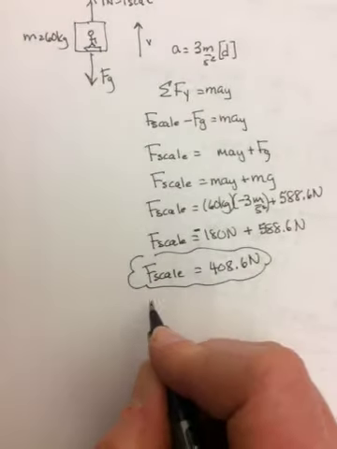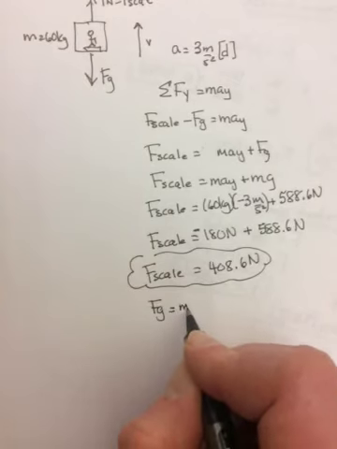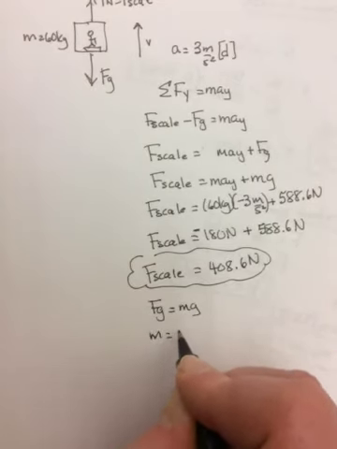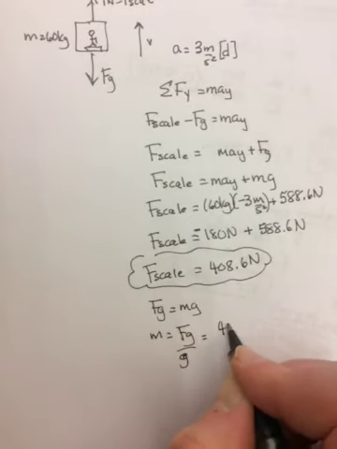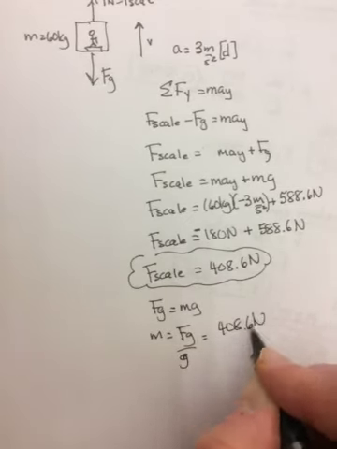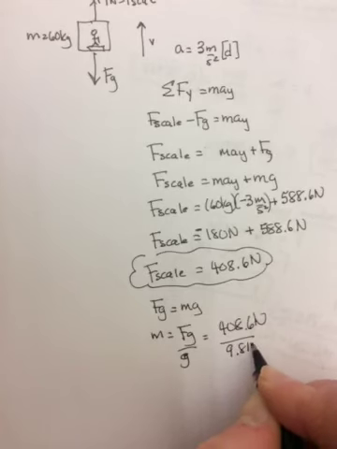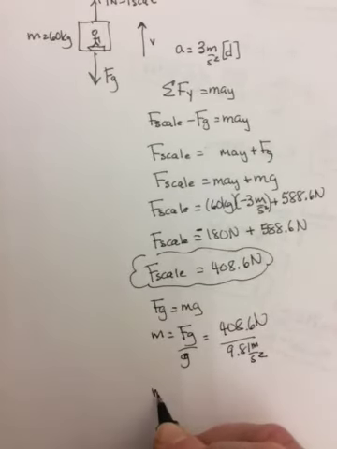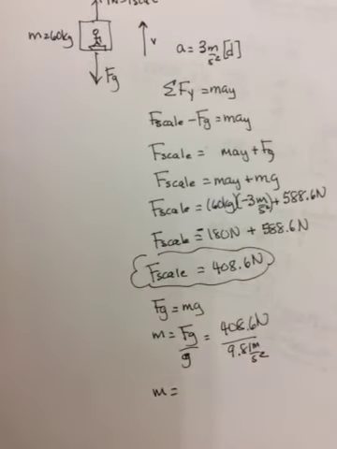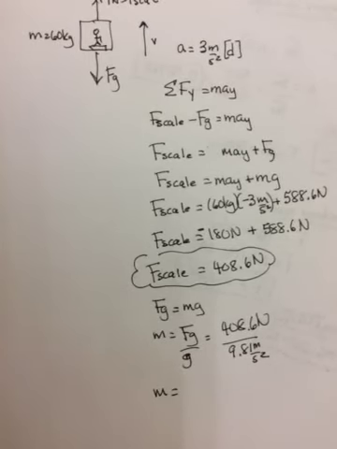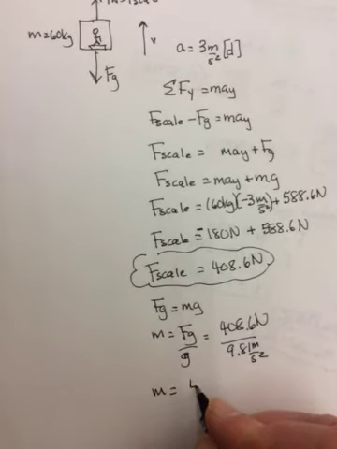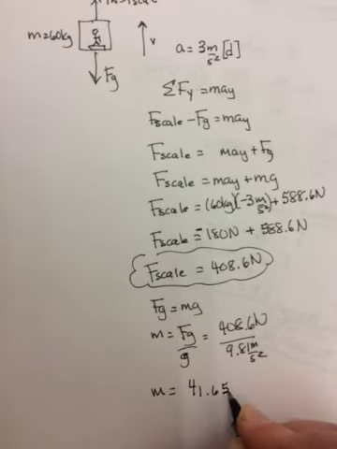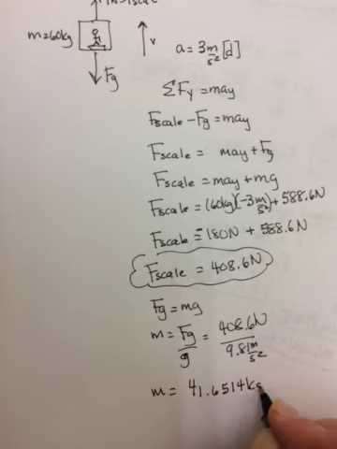And again, I can find my apparent mass by dividing by 9.81. So 408.6 newtons divided by 9.81 meters per second squared. And I get my apparent mass to be 41.6514 kilograms.